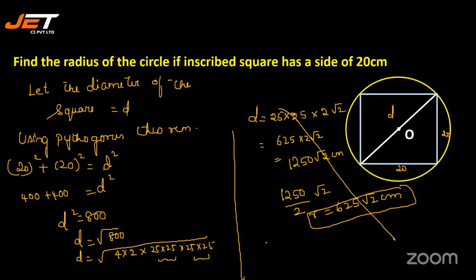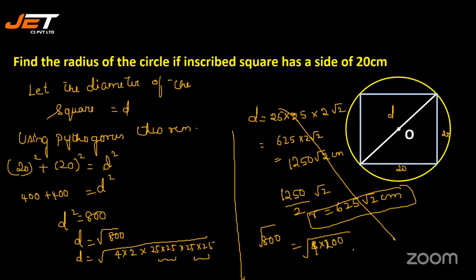See here, root of 800, we are taking it as 8 into 100 or 4 into 200. So 4 into 200 will become root of 800, right?